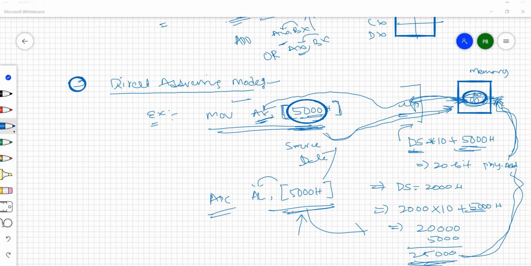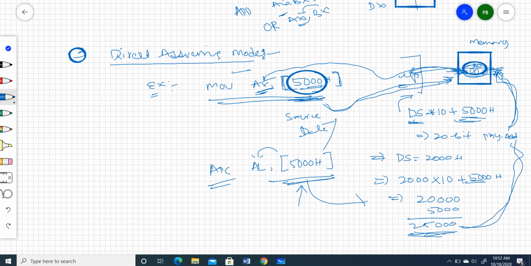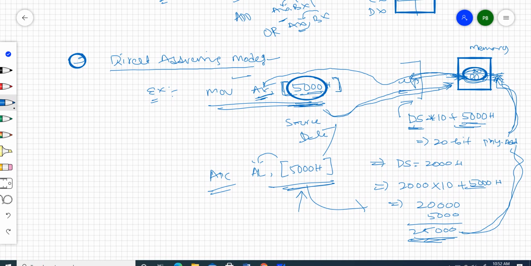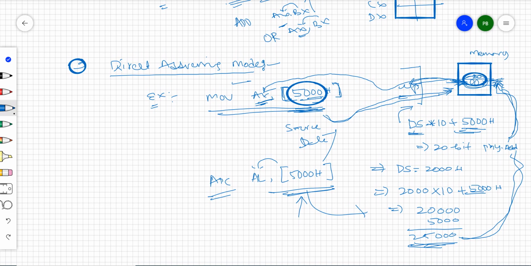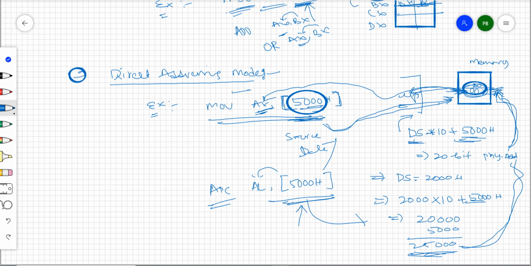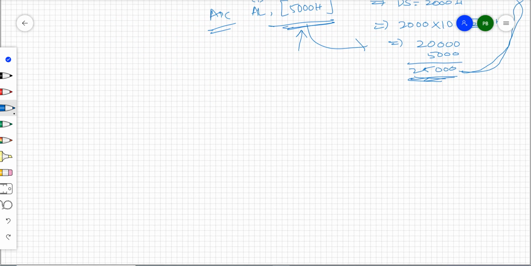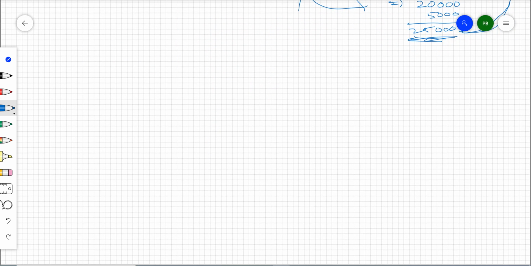You can see other addressing modes here.